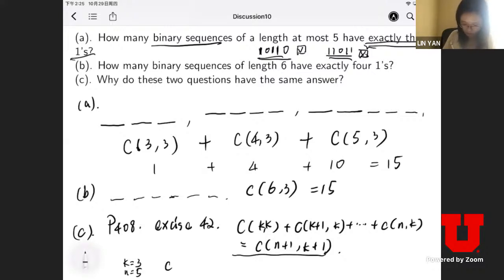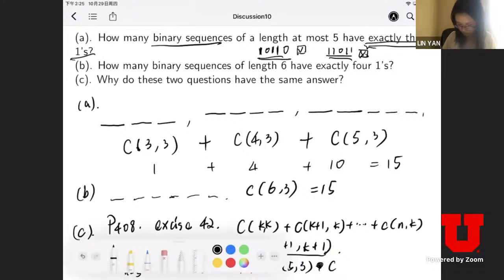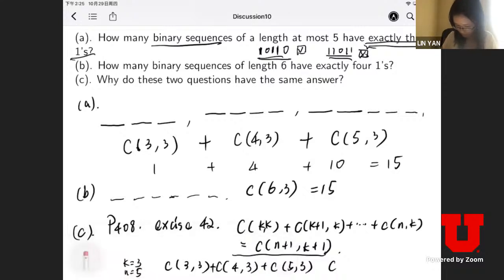Then we have 3 choose 3 plus 4 choose 3 plus 5 choose 3 is equal to 6 choose 4. So this statement can be proved by induction, but now let's try to get an intuitive explanation for it.